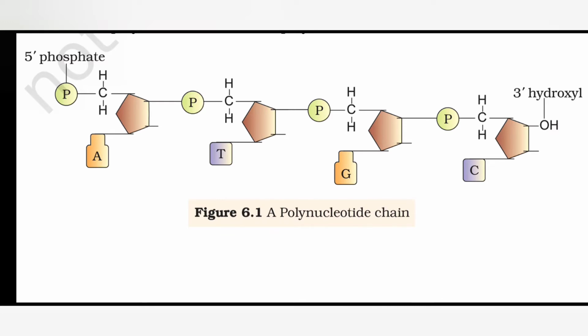It means at the 5 prime position there will always be the phosphate group, and on the 3 prime position there will be a hydroxyl group. Also, at one position of every deoxyribose there will be nitrogen bases. These nitrogen bases may be adenine, thymine, guanine or cytosine. Let's see this with the help of the diagram.